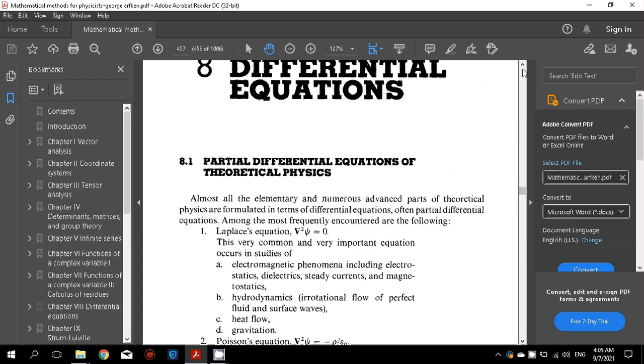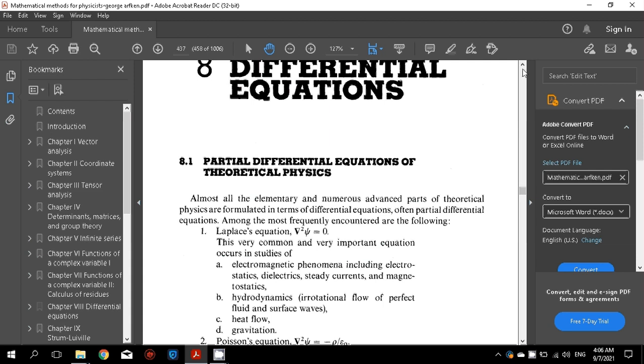For example, equation number 1, which is the Laplace's equation, and this equation is del square psi is equal to 0. Now this is a very common and very important equation which occurs in the studies of electromagnetic phenomena, including electrostatics, dielectrics, steady currents and magnetostatics.